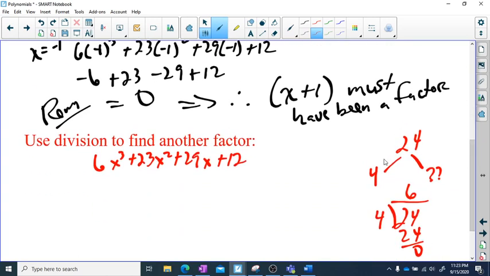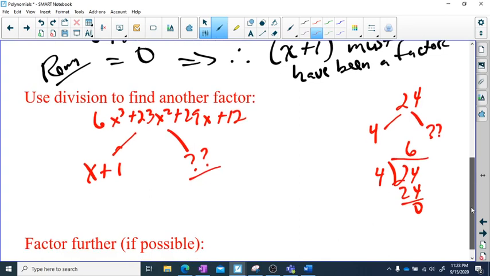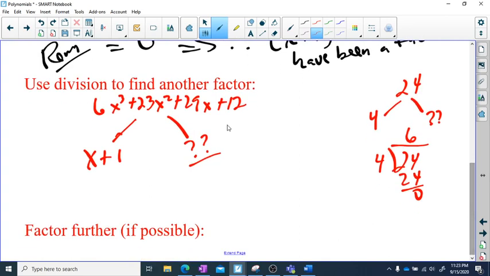So looking at your numeric example over here, what you want to figure out now is what two things multiply together to give you that. You're going to do like you did over here. And this is why you were shown how to do long division and synthetic division. You're going to take the original expression and divide it by what you found to be a factor, and that's going to give you this other factor.